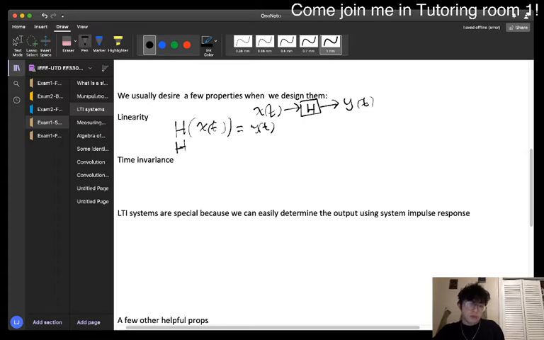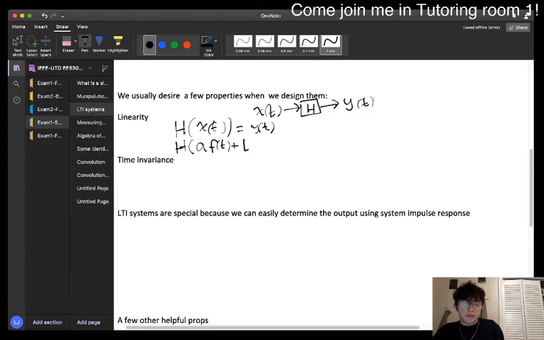So a times x of t plus, I'm going to say b, what's another letter? No, I'm not going to use that. I'm going to use f and g, because I've told you already that y is the output, and I'm going to stay consistent on that.